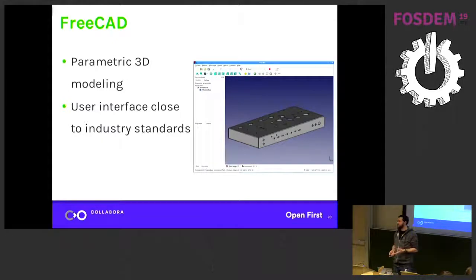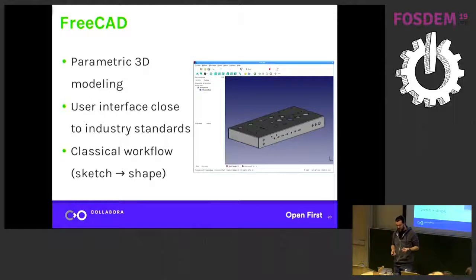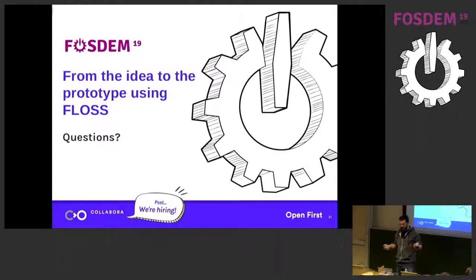The user interface is closer to the industry standards, and it has a classical workflow, which is you design a sketch in 2D and then through extrusion or rotation get a shape from it. And that's all for me. I don't know, maybe we have time for one question, but I guess we're running really late, so sorry about that.